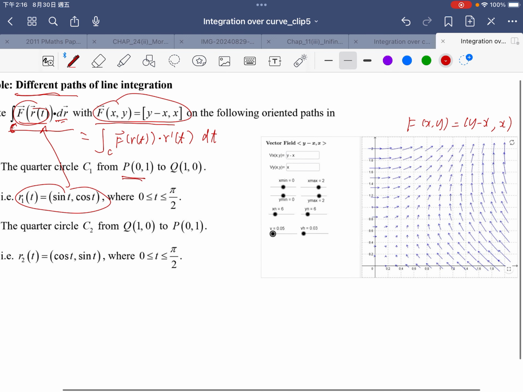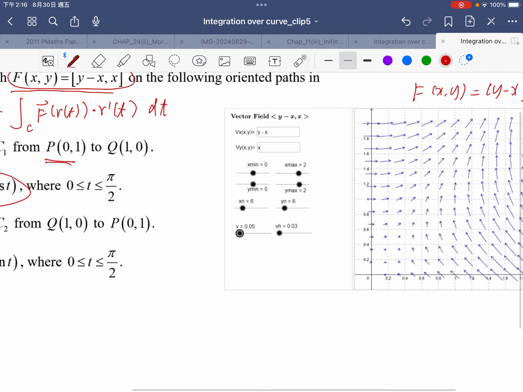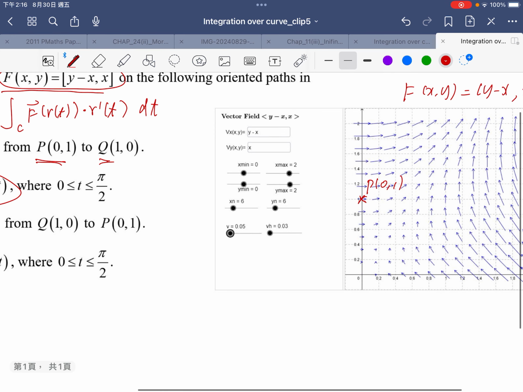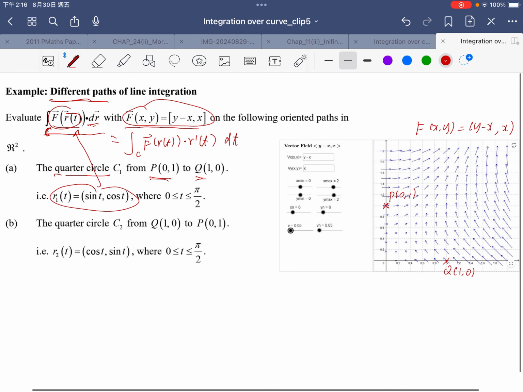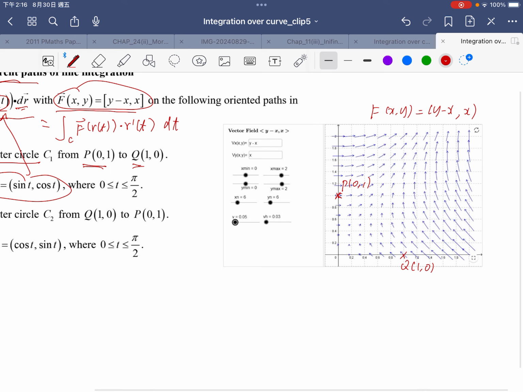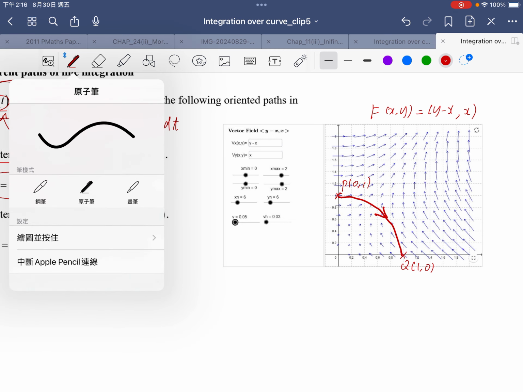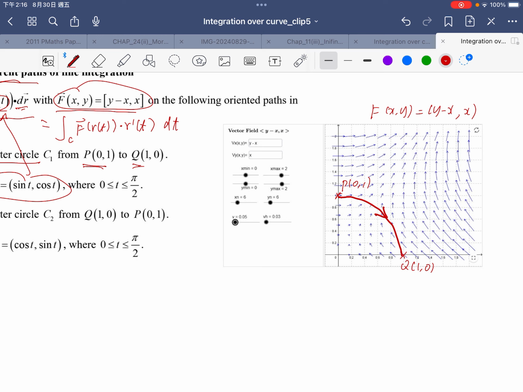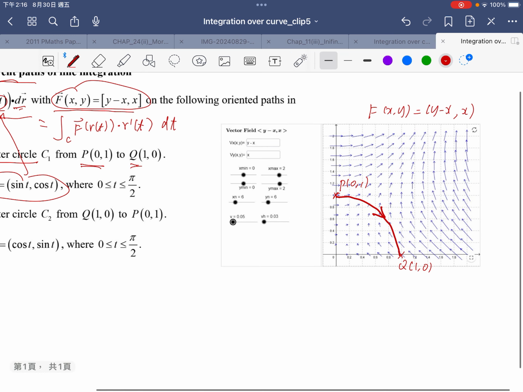And here, from the point P, (0, 1), to Q, (1, 0), along the quarter circle. Quarter circle means this circle. First, we have to calculate the equation of this path.